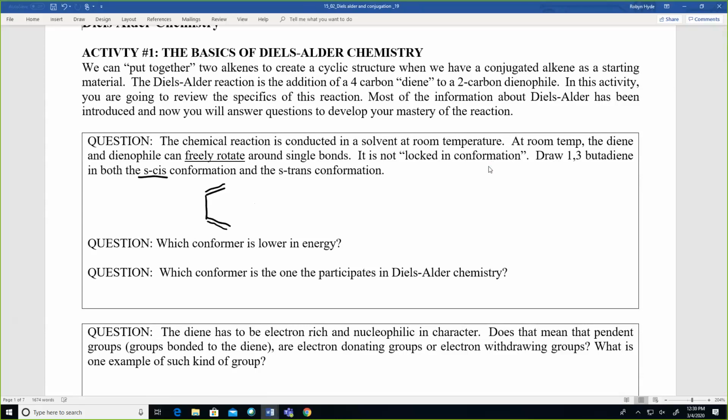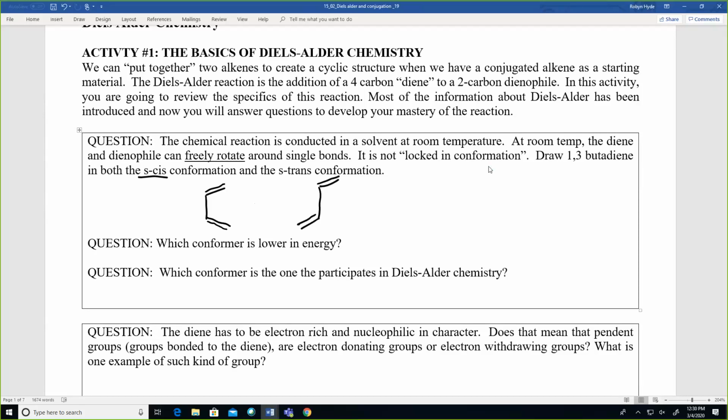Okay, what does the S-trans look like? I have my single bond, and then what is the arrangement of my two other double bonds? Trans to one another, so opposite sides. Entgegen, if we're pulling in all of our review terminology, the Z and E for our alkene chemistry.